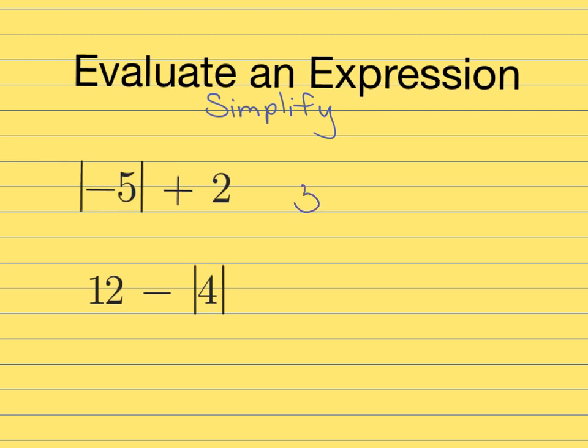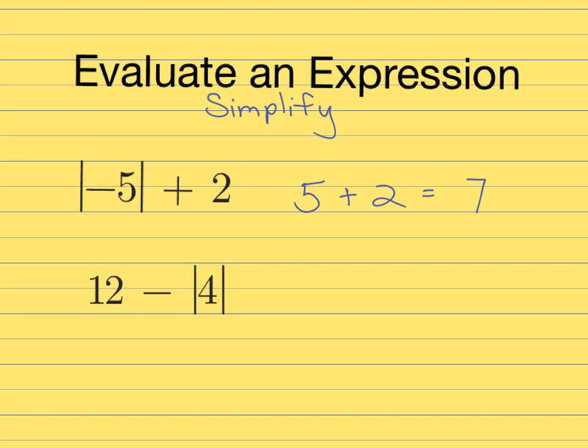And our answer is 5. And now we can copy the plus and the 2, and here's where we get to simplify. 7. So our final answer is 7. We've simplified. We have not changed the value of our expression. We have just rewritten it, and we have a one number answer.